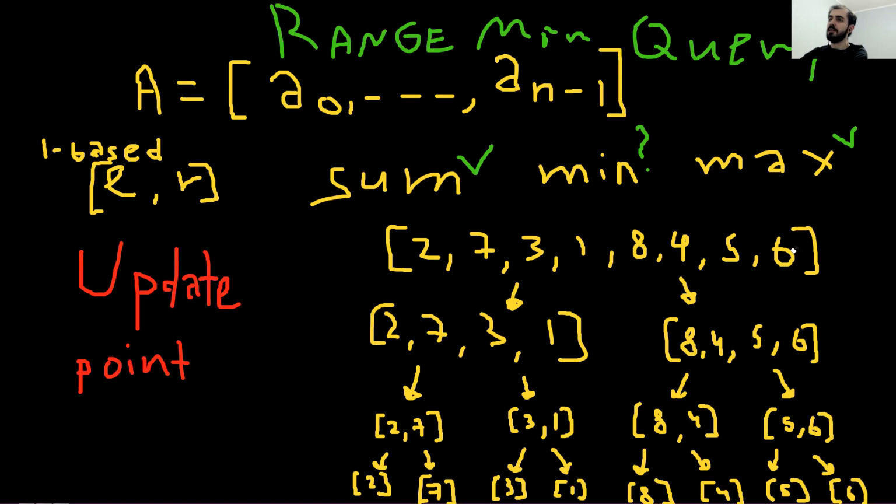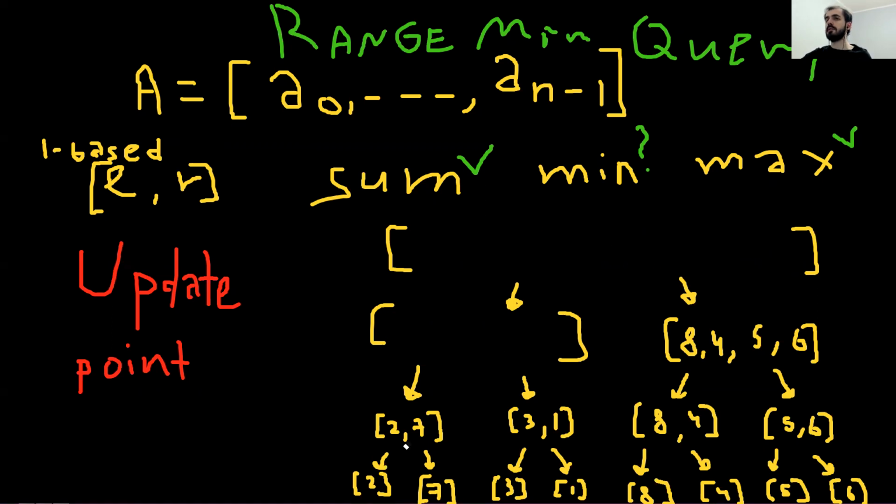Now, the truth is that each layer does not store the entire array. They only store what they will be asked about, which is the minimum in our case. So there's nothing here but minimums. Let's actually fill the minimums in.